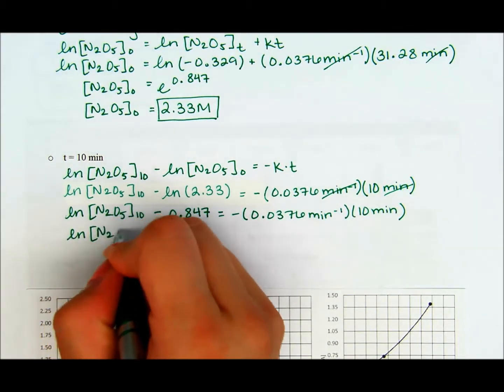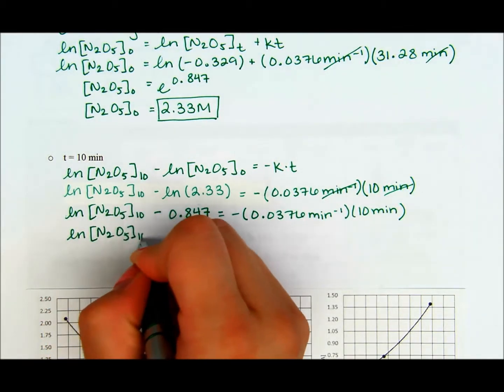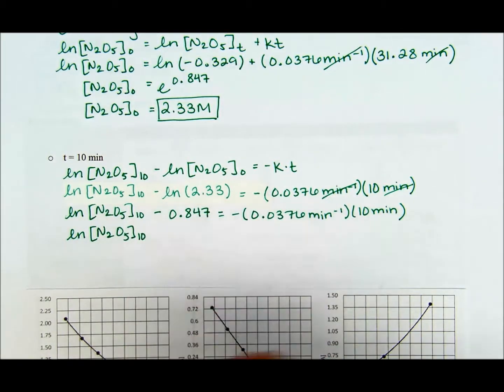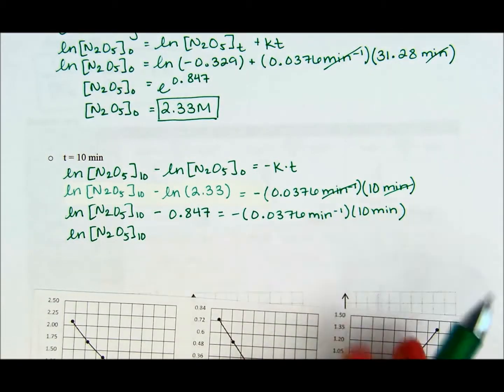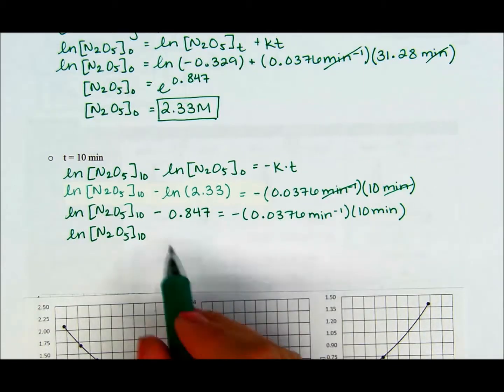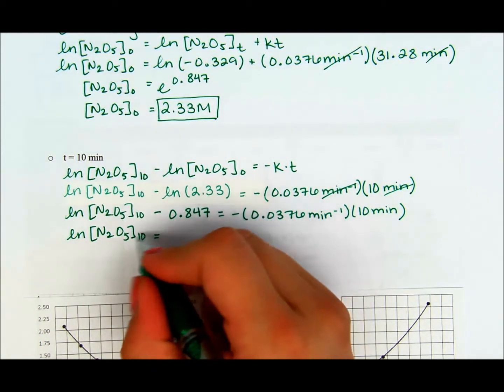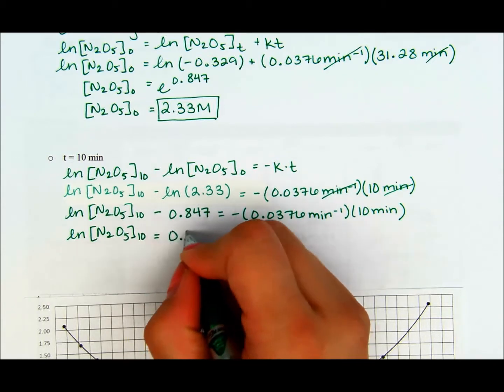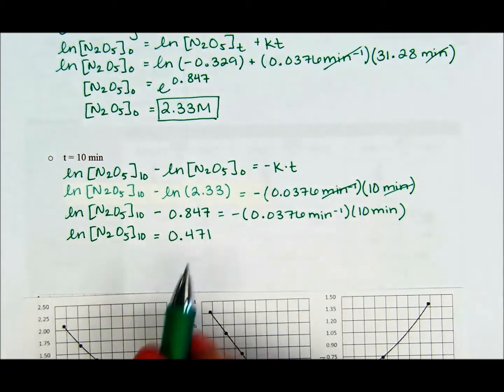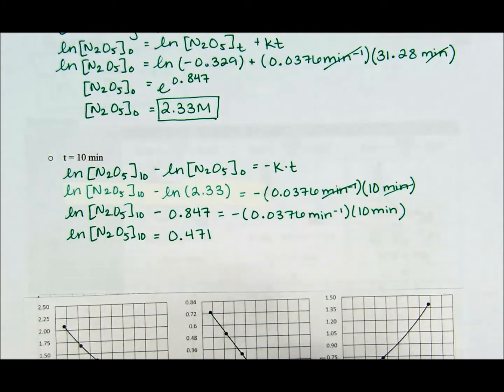That gives us the natural logarithm of N2O5 at 10 minutes. Rearranging everything, just doing basic algebra here, is going to give us 0.471. That's equivalent to this side of the equation.